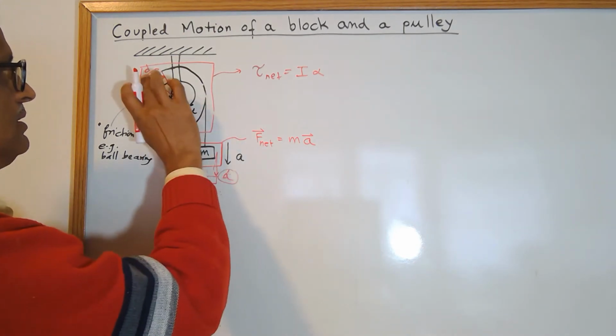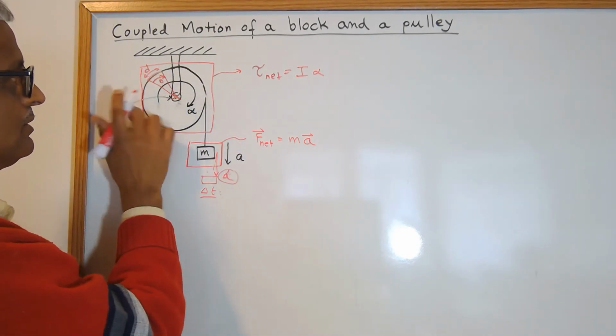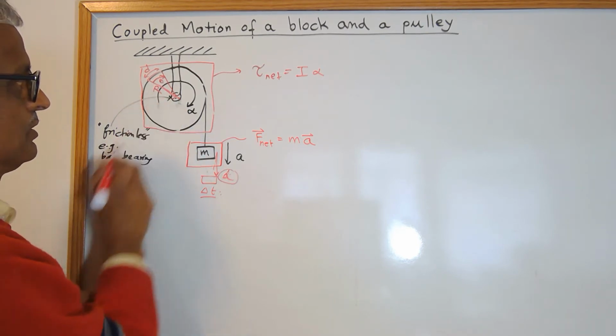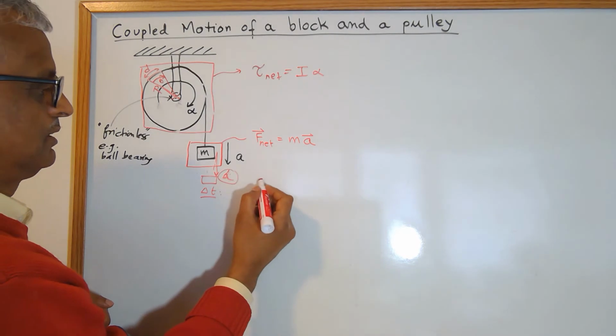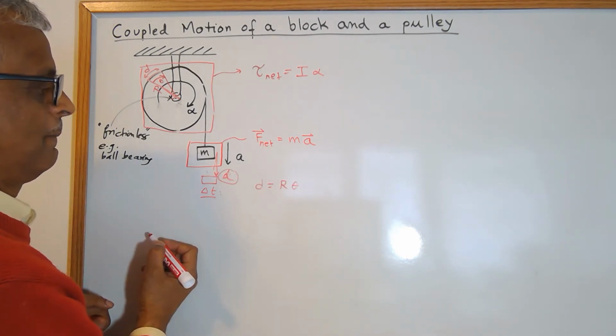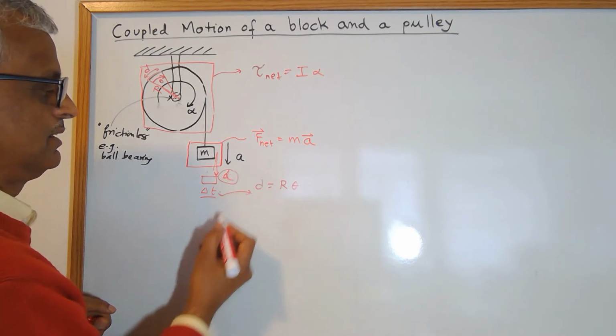This d is the s, and the radius is r. So this d has to be equal to r theta, and it happened in delta t.